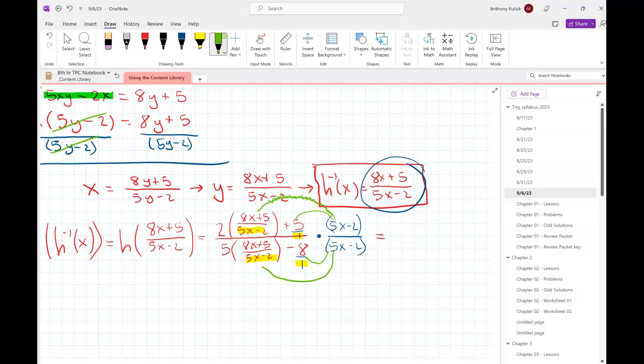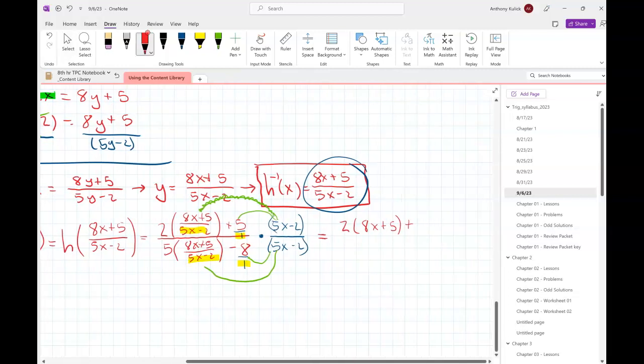I'm talking about this multiplication line right here. Yeah, the 5x minus 2's just cancel. Absolutely. That's exactly the way you'd want to think about that. So what you're left with then is the 2 that's out front and the 8x plus 5.